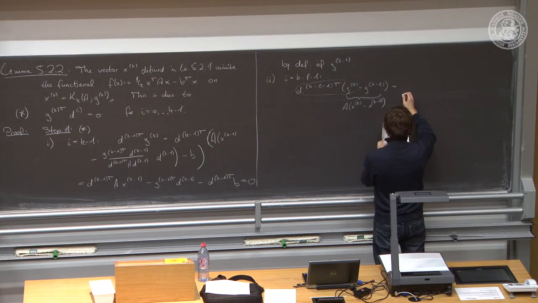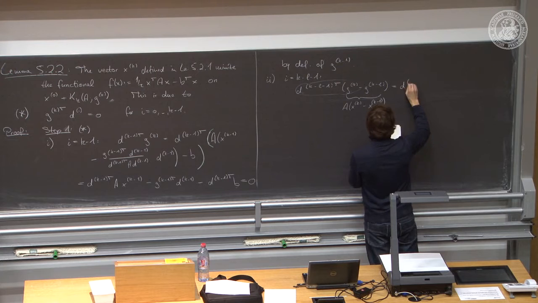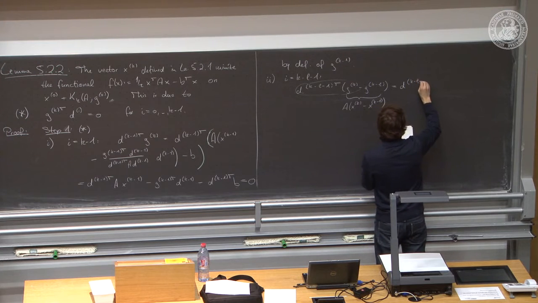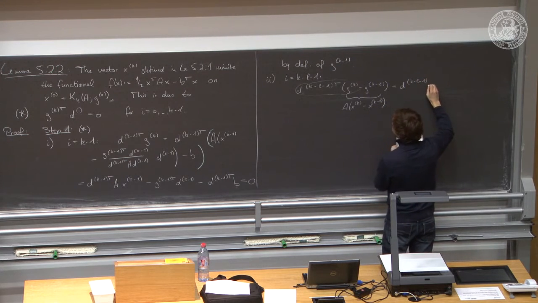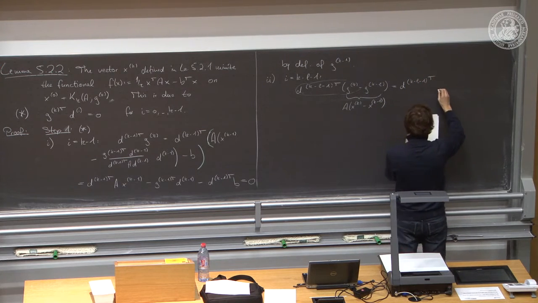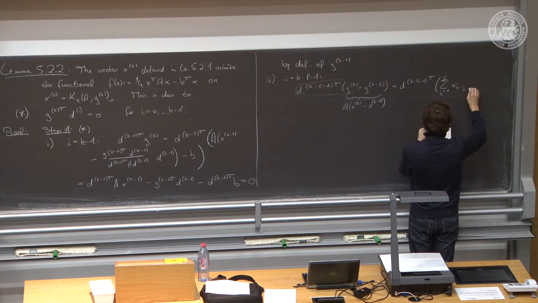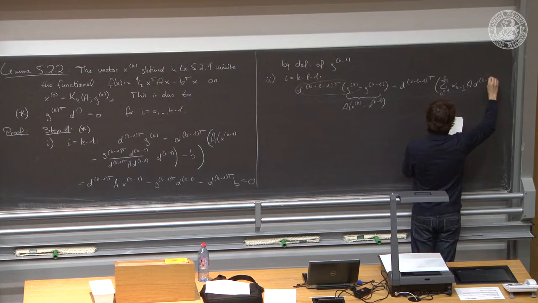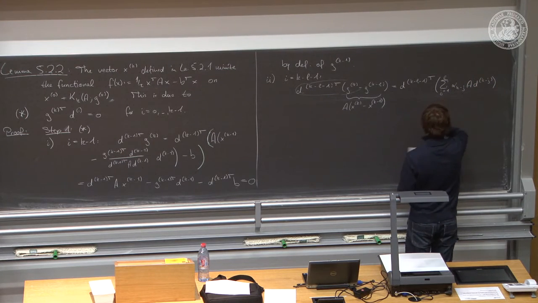We can rewrite this as nothing but the conjugate direction d_{k-l-1} transpose times the sum from j equals 1 up to l of alpha_{k-j} A d_{k-j}.